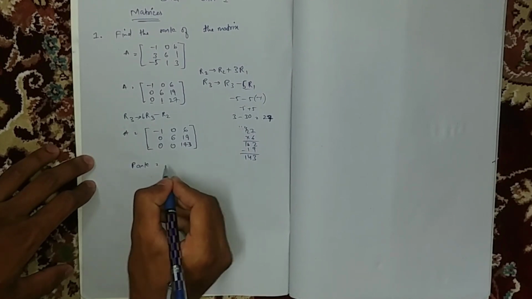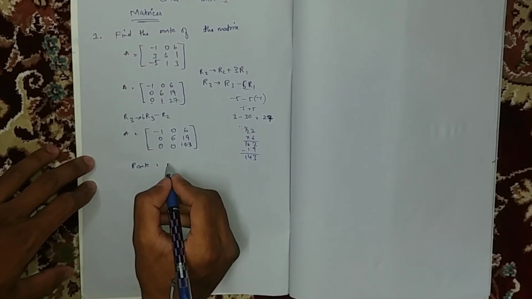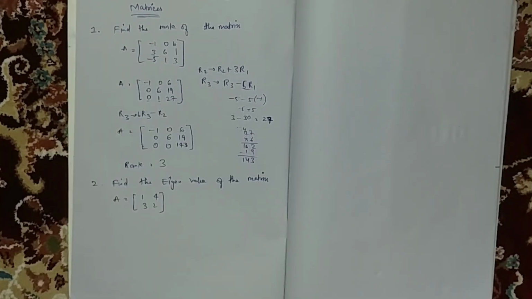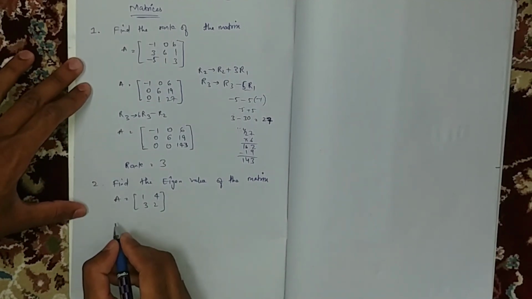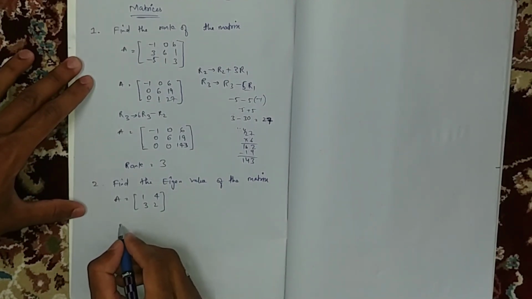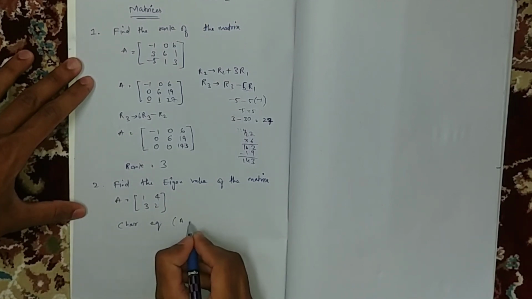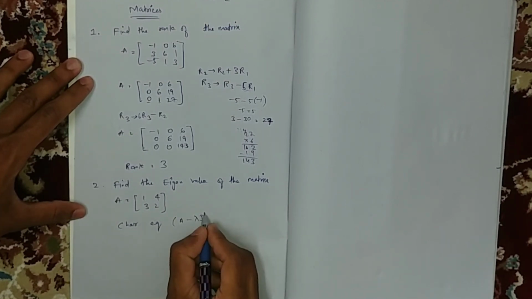Then the rank is equal to the number of non-zero rows. As the non-zero rows are 3, the rank of A is equal to 3.